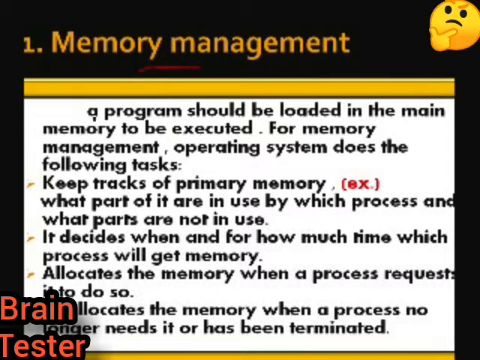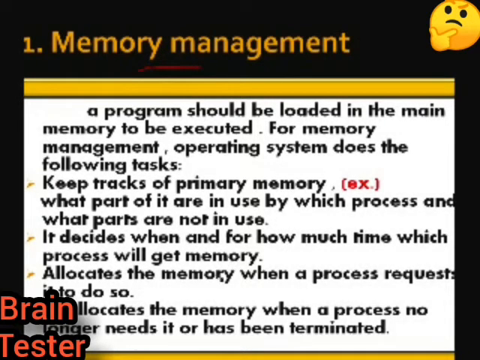Memory management. A program should be loaded in the main memory to be executed. For memory management, the operating system does the following tasks. There are 3 bullet points. It keeps track of primary memory, meaning which parts of it are in use by which process and which are not in use.